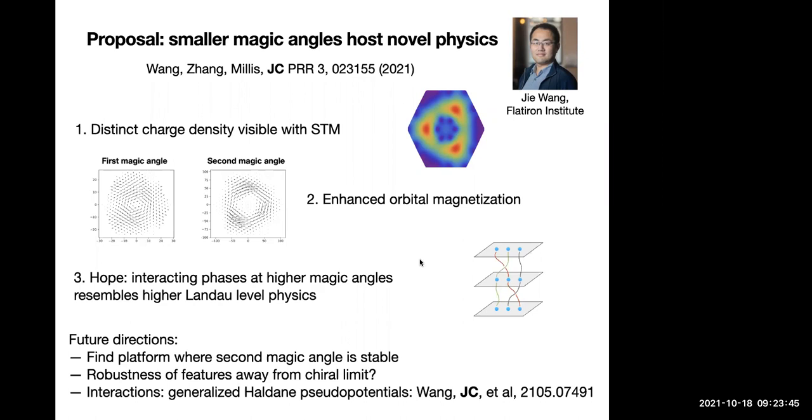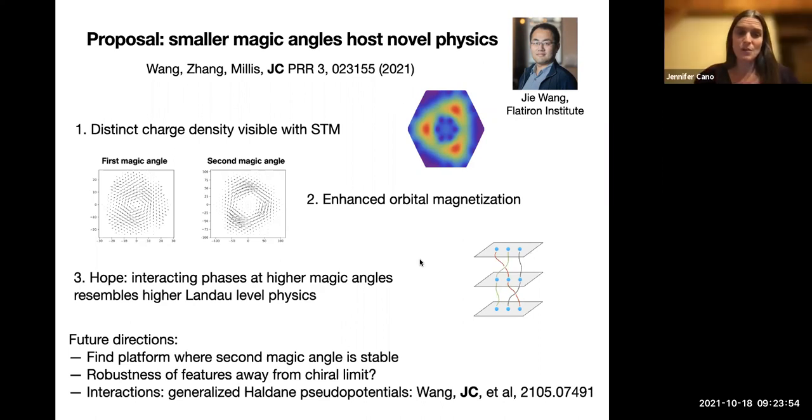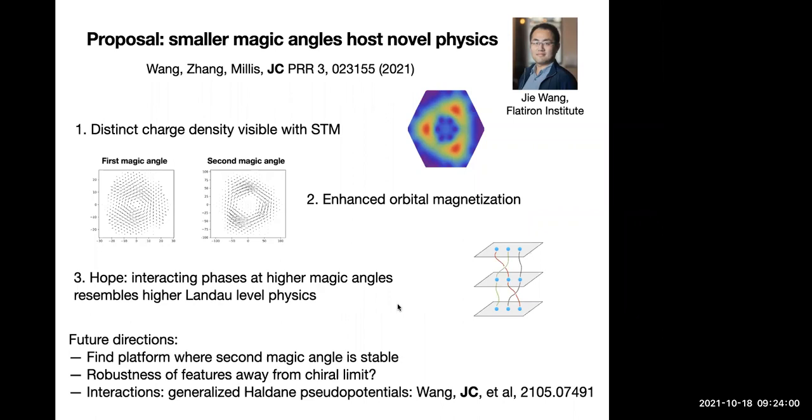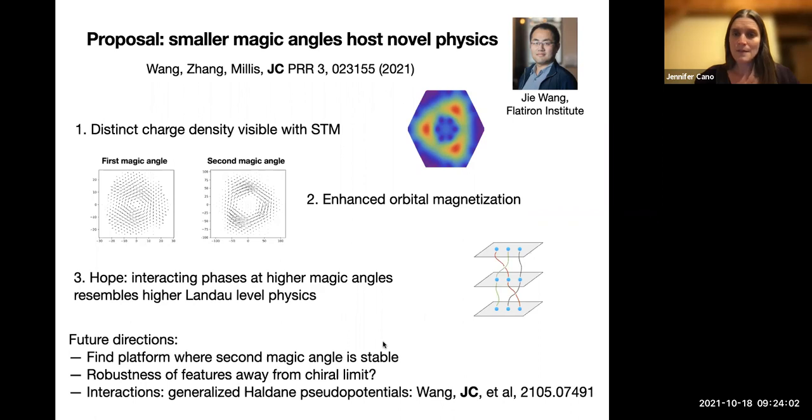I see. Do you expect, for example, if you're moving away from the chiral limit, that the number of nodes will be conserved in some sense? This is a great question. We've actually done some work in this direction, looking away from the magic angles. The reason that you can get these nodes is basically because you have a two-component spinor.